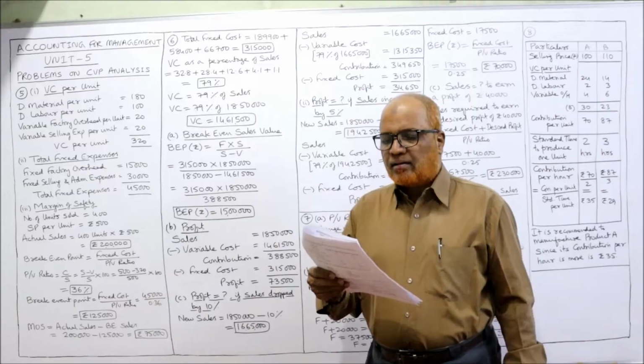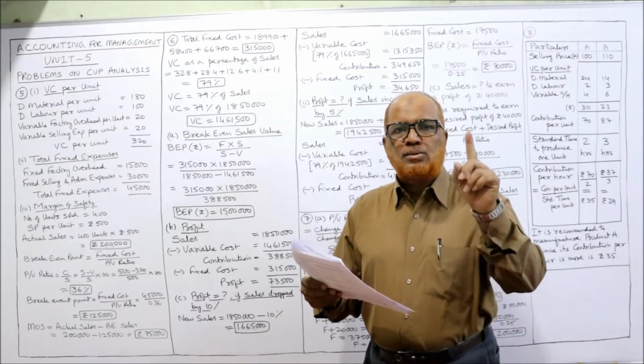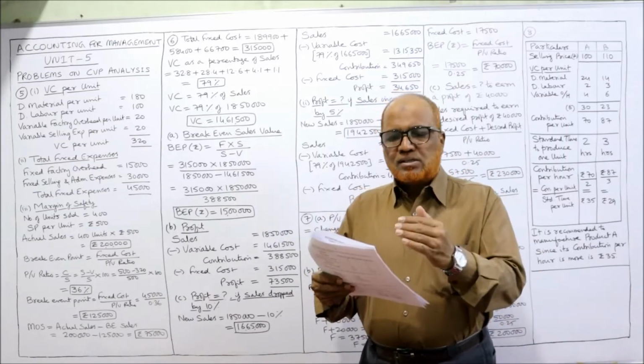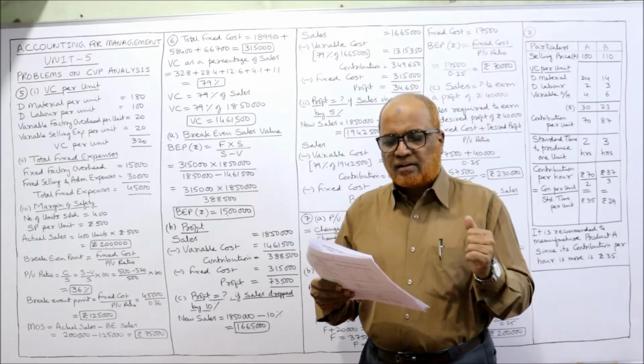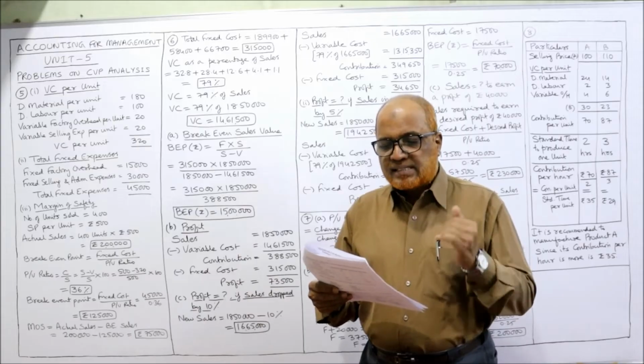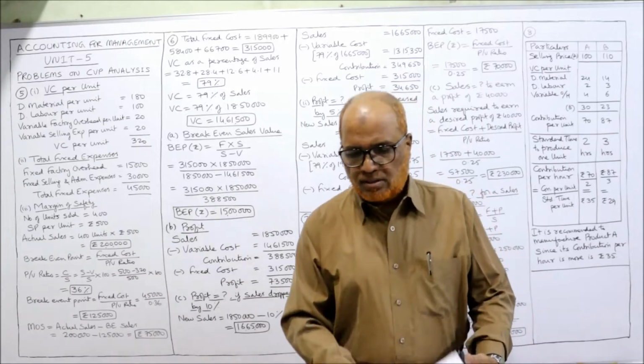The first question, calculate the total variable cost per unit. Here variable costs are given: direct material, direct labor, variable factory overhead and variable selling and administrative expenses.